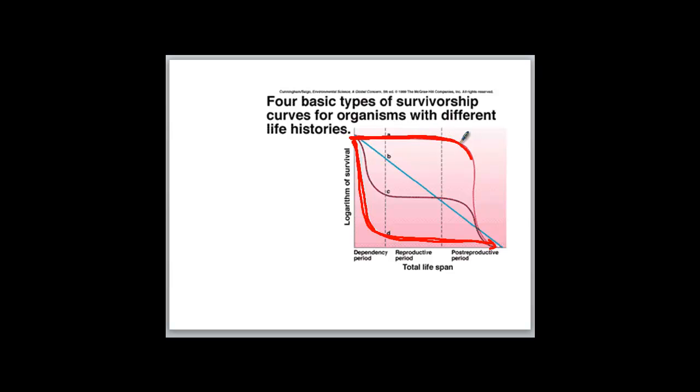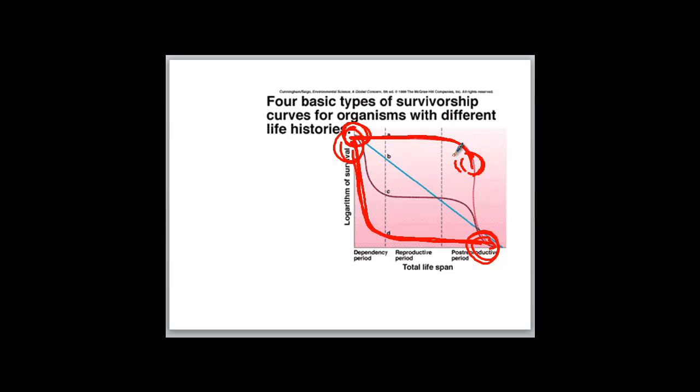all survived to adulthood. Now, that's important, because in order to be a type 3 species, in order to have a few survive, you need to have a massive population to start off with. Okay? So you must have a large population to start off with, because only a few make it to the end. But if you're a type 1 species, you don't want to have too many young, because most of them survive to the end.